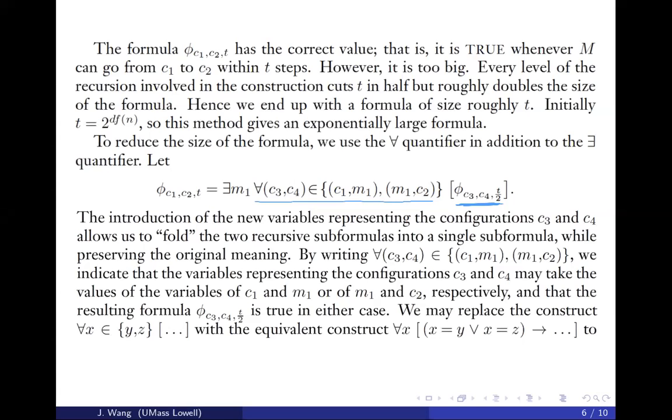So that means that there exists M1 such that for all configurations C3 and C4, which means that either C3 is C1 and C4 is M1, and then we have this C4 here that is M1, and then this is C2.